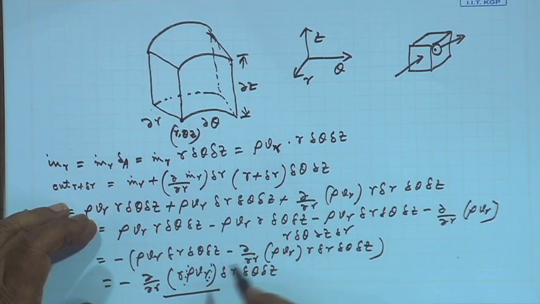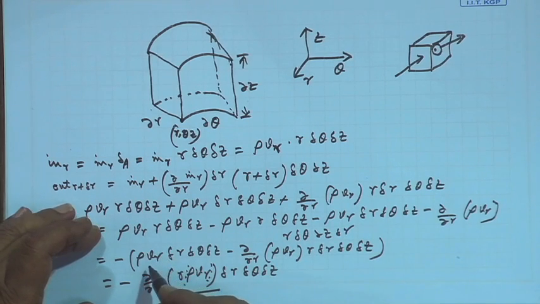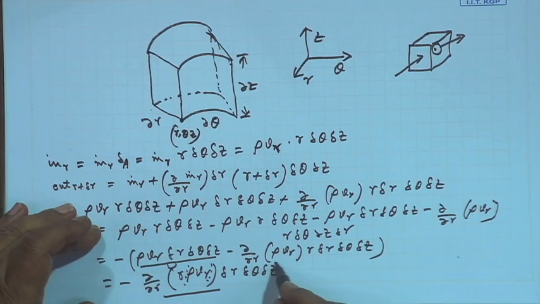And in other case, del r of rho V r is differentiated, or rather this is one UV expansion, and the other one, if rho V r is constant, then del r of r is 1. So in that case rho V r del theta del z, that becomes 1. So this is u and this is say v.